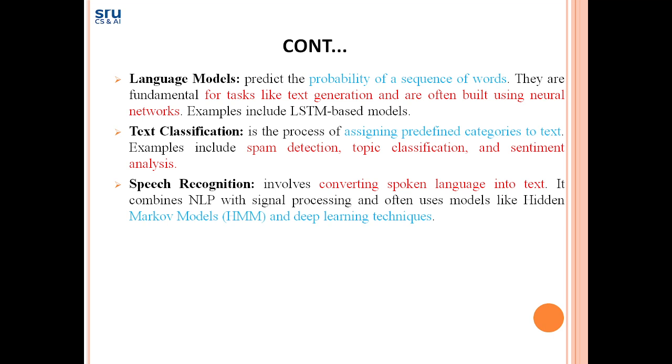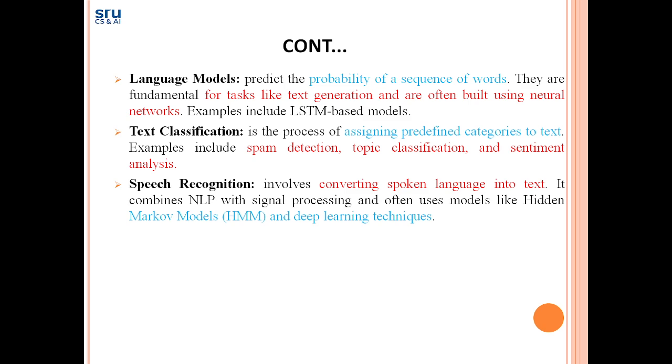Language model is used to predict the probability of a sequence of words. It is used for tasks like text generation and is often built using neural networks. The language models include LSTM based models.